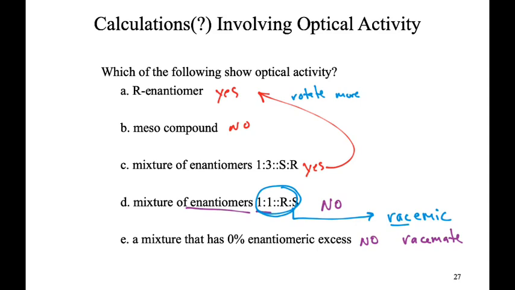English language. What has now happened? Racemate is now a noun. So depending on which part of speech I want to use, I will change the ending of it. If you see that race part, you're looking at a 1-to-1 mixture. Okay? Kind of, sort of? You're like, this sucks. I agree.